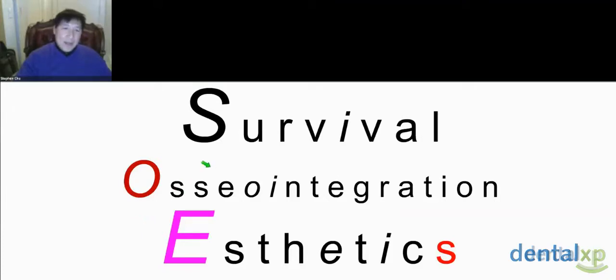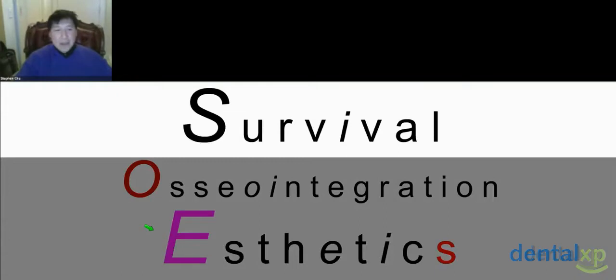These three concepts have very different meanings, and they're very distinct in their outcomes. If we delve into this, we can see more clearly what can happen. So let's take the first topic, which is survival.